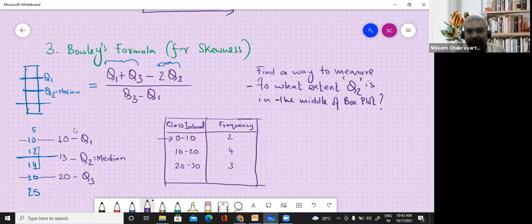Most of the times it is the midpoint of the class interval which we take to represent this entire data. So midpoint of this class interval is 5.